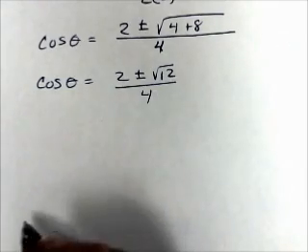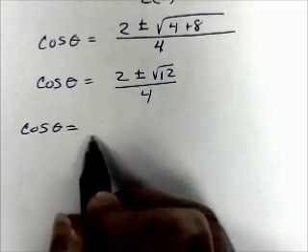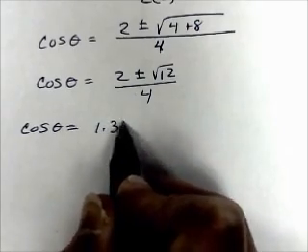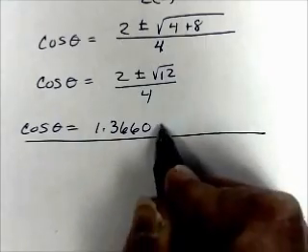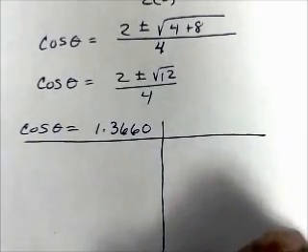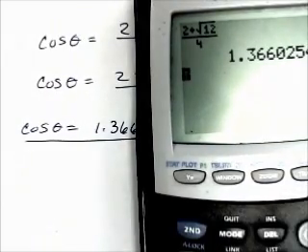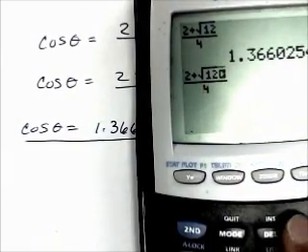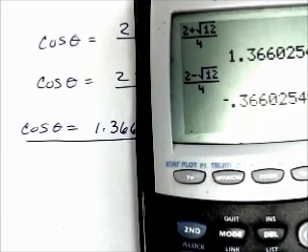So we have cosine theta equals 1.3660. And then our other value, 2 minus the square root of 12. Bring that back up. Change the plus to minus. Negative 0.3660.